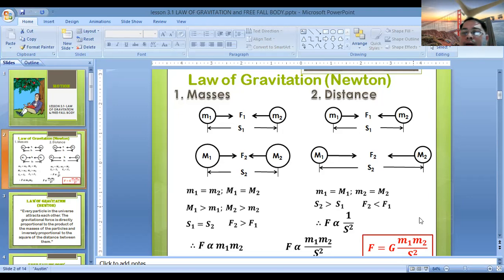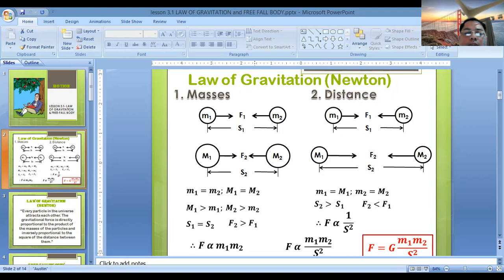Again, the more massive the body, the greater the gravitational force. Likewise, when you move the bodies further away from each other, we affect the gravitational attraction, which lessens by the inverse relationship of the square of the distance between the bodies.